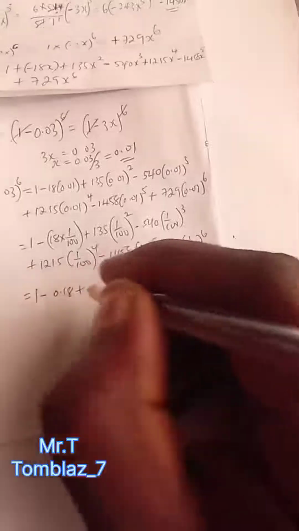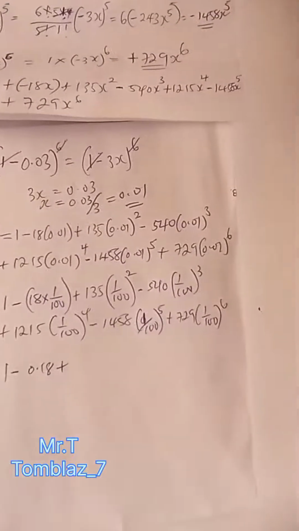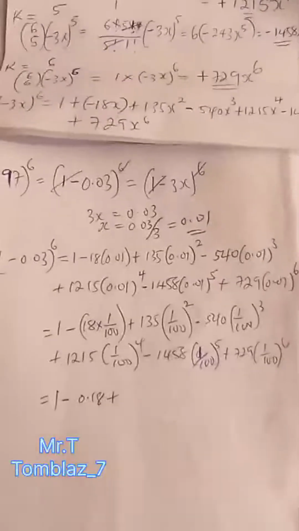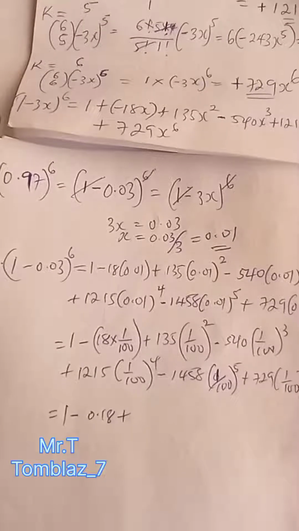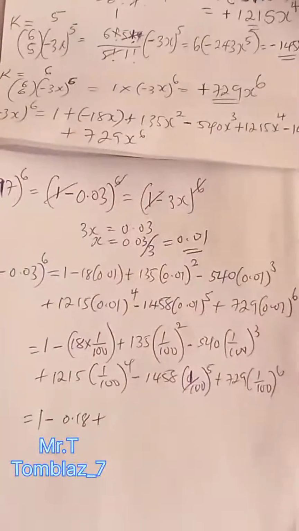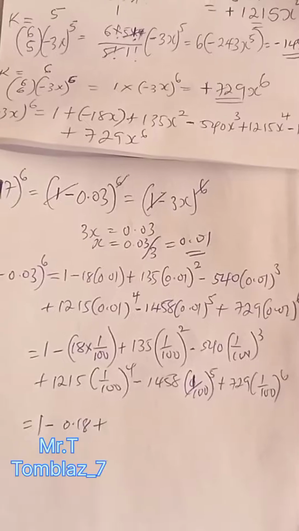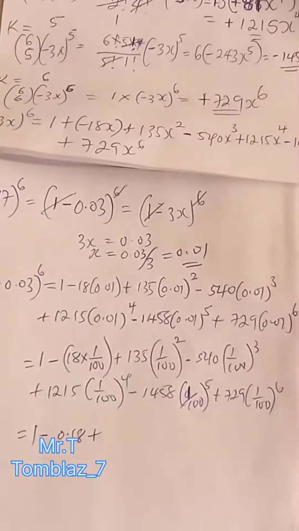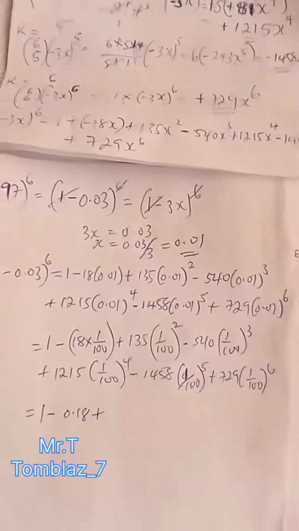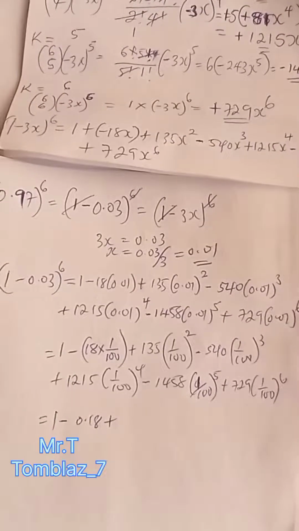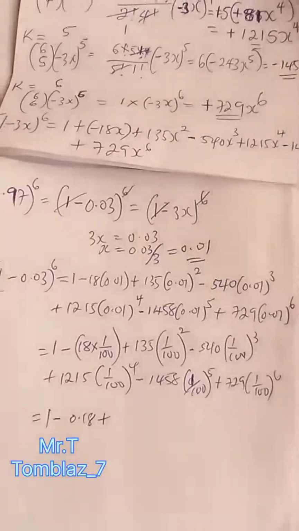0.18 plus this value will give you, so we're going to be taking this value, right? So we'll do that value raised to the power of 2, right? Then times the coefficient, which is 135. So it's going to give us 0.0135.